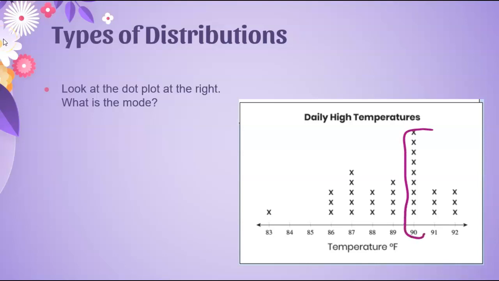We're just looking at the longest column. So this would be 90 degrees. If you look at the dot plot, it says it's the daily high temperatures, and on the number line, we have the temperature starting at 83 going to 92. The most days that the temperature was the same was 90, right here. That's the frequencies.